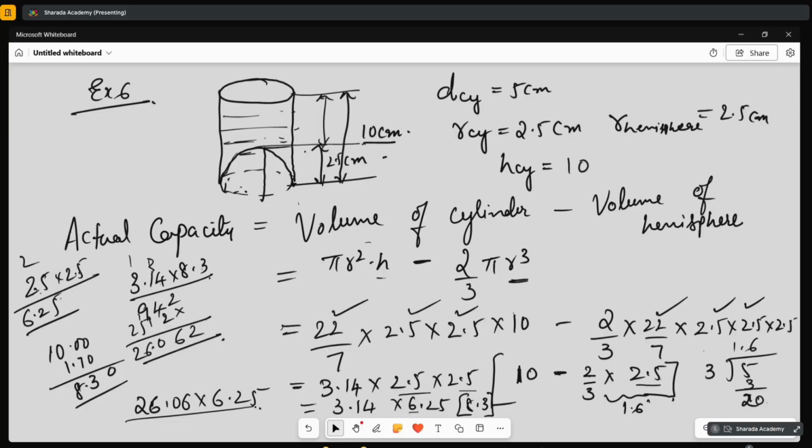You will get around 26.06 into 6.25. Simplify, you will get the answer.